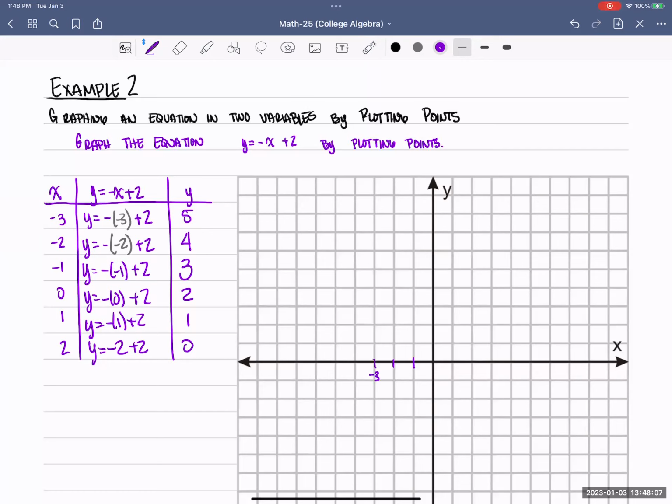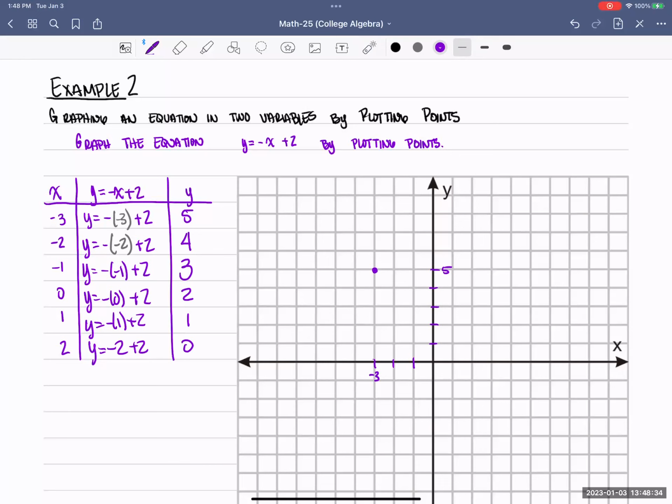And we go up 5: 1, 2, 3, 4, and 5. So our very first point is this one here. In reality, you only need 2 points to graph a line, but here we found 6 different points. So let's see if we made any mistake with the calculations. We will see it as soon as we start graphing it. We'll see a point that isn't on that line.